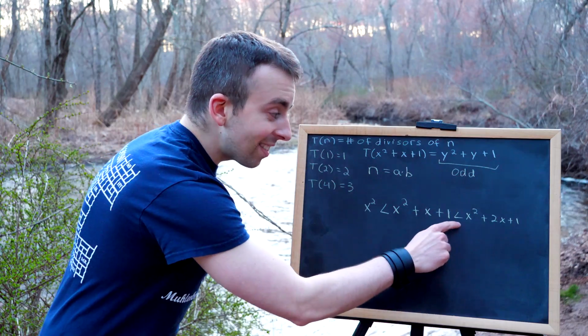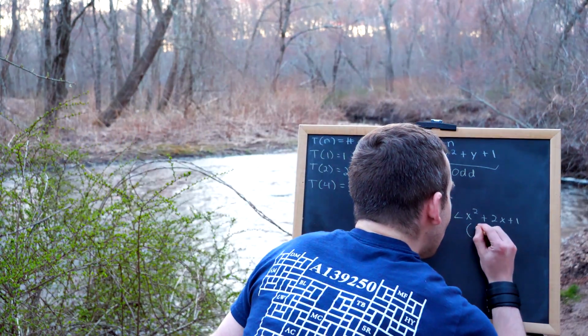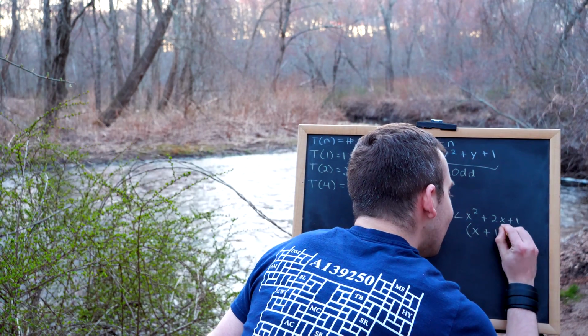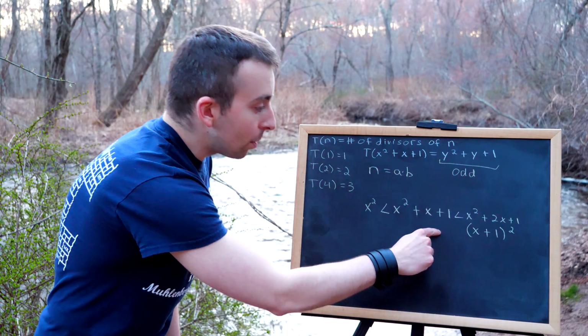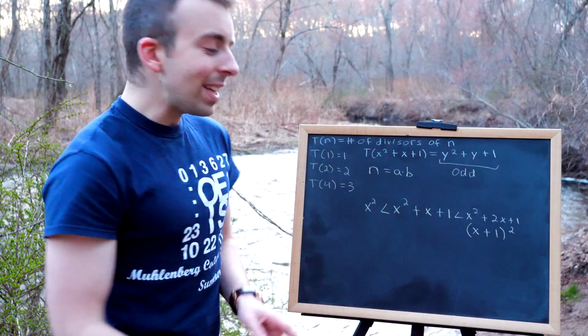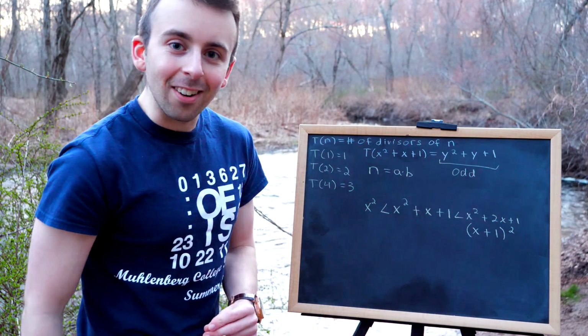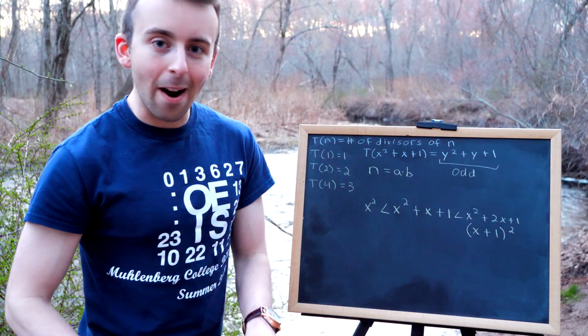So this is always less than this, but this on the right, you may recognize, is in fact x plus 1 squared, which means x squared plus x plus 1, our input, is strictly between two consecutive squares, which means itself can never be a square.